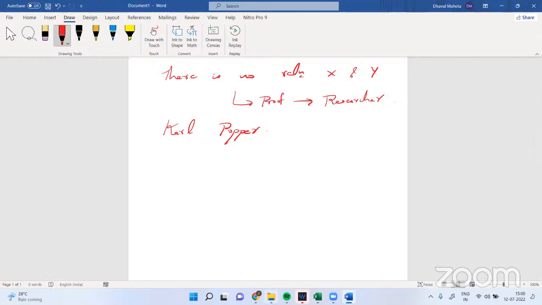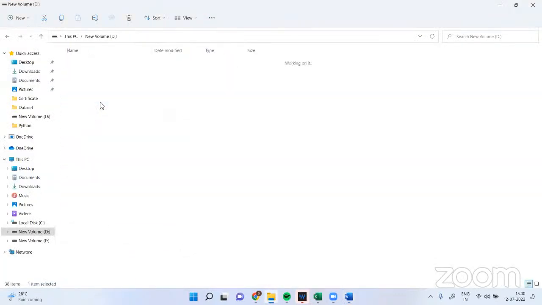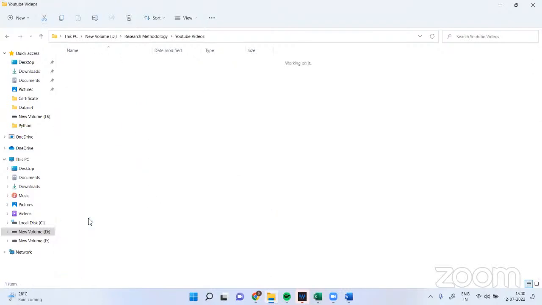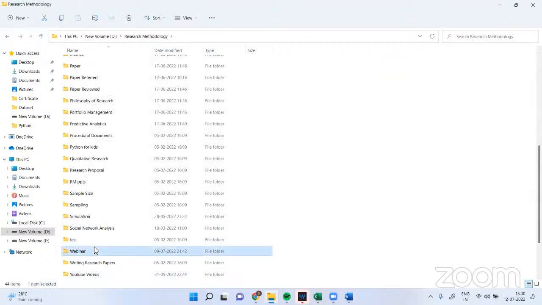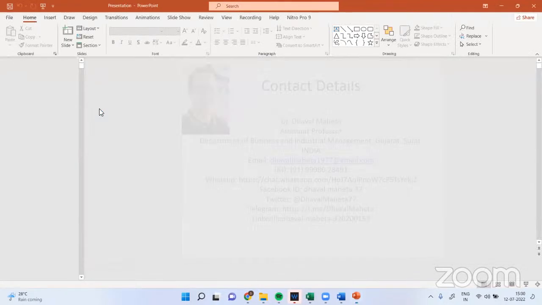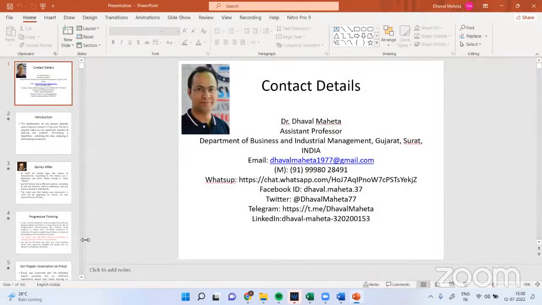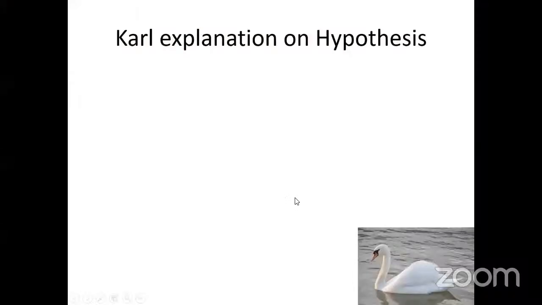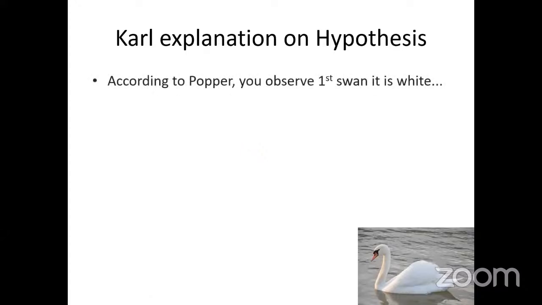Let us understand his original thinking. Karl Popper's explanation on hypothesis. Please, all others mute the mic. According to Popper, you observe the first swan, it is white.